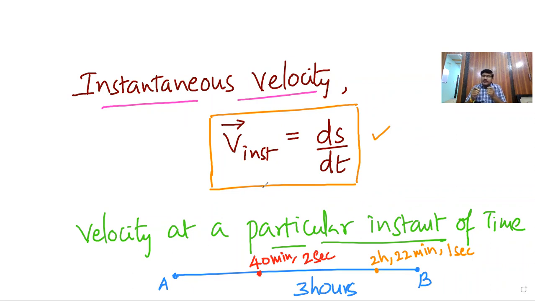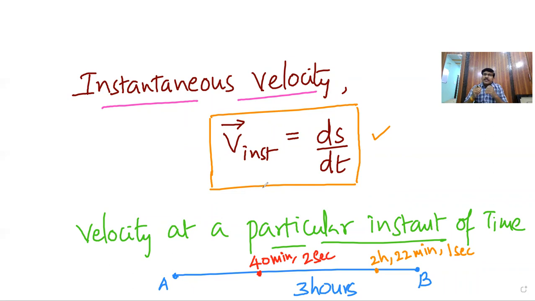When there is a very small time period, the displacement is also very small, because truly speaking, there is no displacement at that particular instant. But mathematically, we are taking it as a very small time dt.